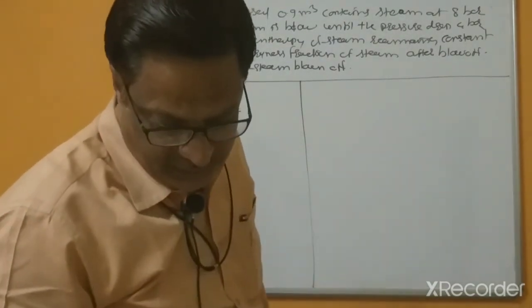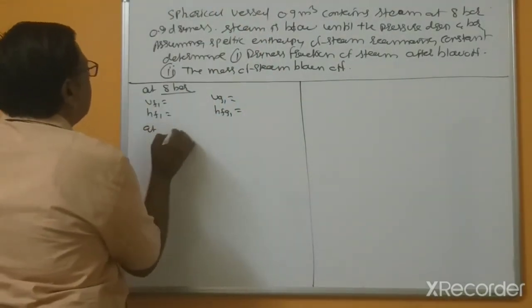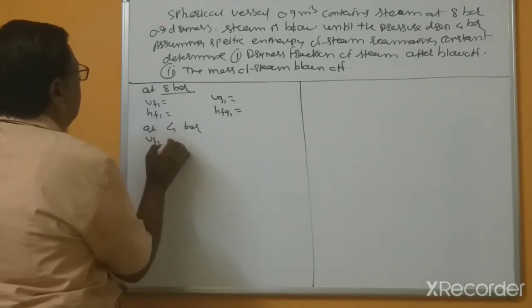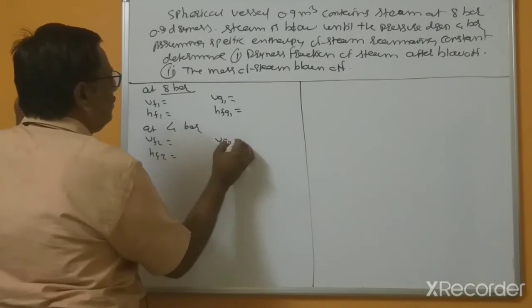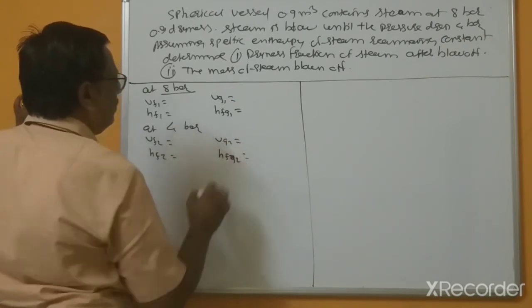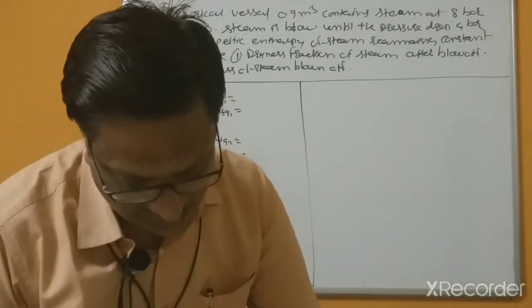VG1 we can extract, and at 4 bar, similarly vf2, hf2, vg2, hfg2. This means latent heat of vaporization.